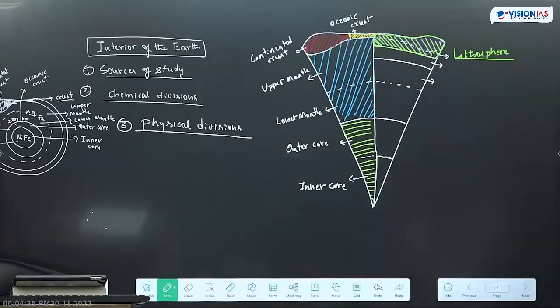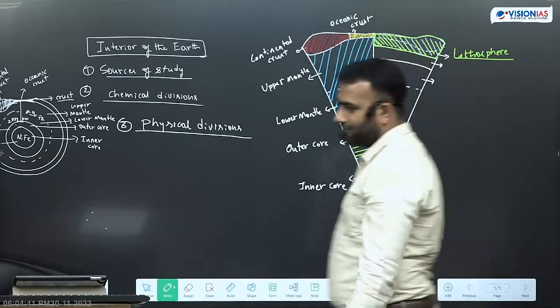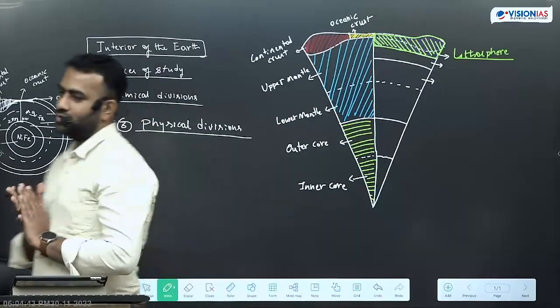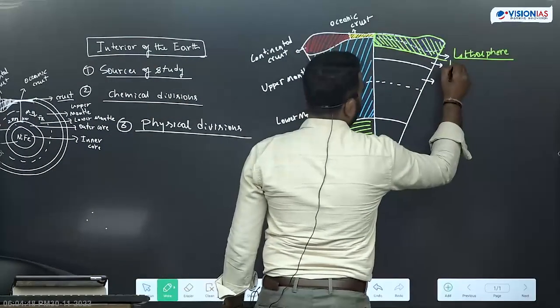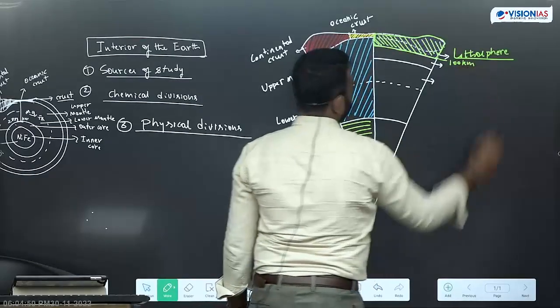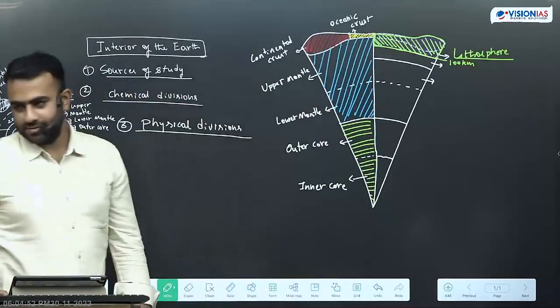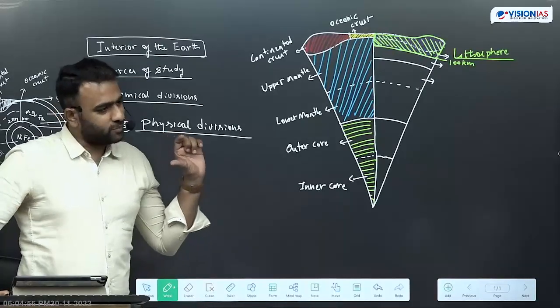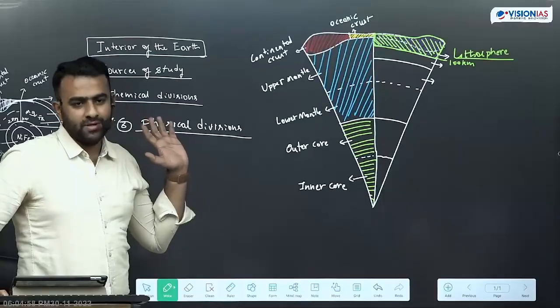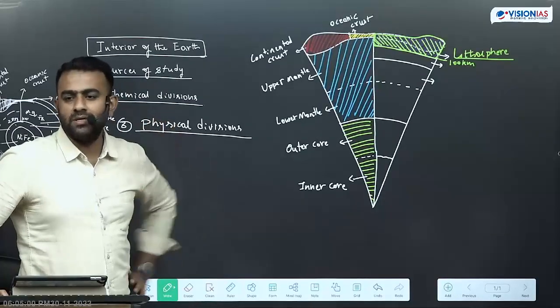Lithosphere is crust plus upper part of upper mantle. It extends up to the depth of 100 kilometers from the surface. That is lithosphere.